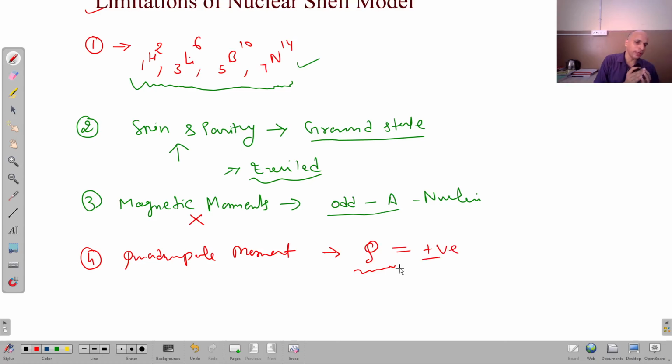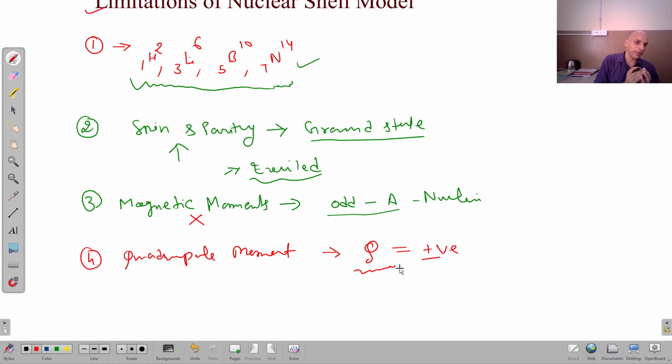So in toto, or in a nutshell, we can say that although the nuclear shell model makes predictions about all these properties, these predictions were not 100% accurate. They were accurate only up to 60 to 70%, we can say roughly, right? Whether it is the magnetic dipole moment, the spin and parity, or the electric quadrupole moment.